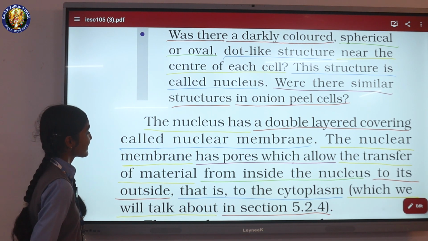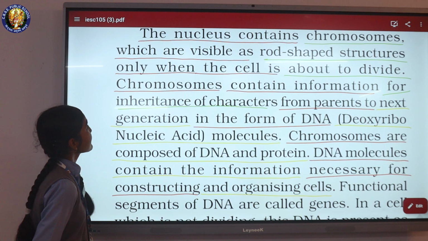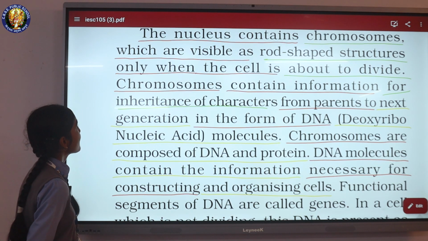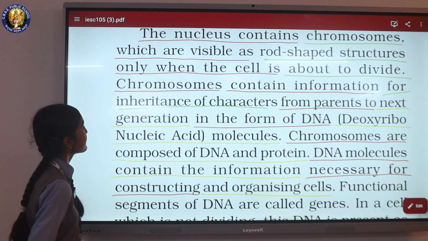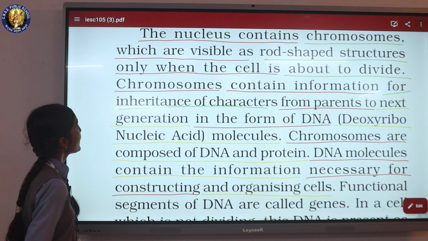The nucleus contains chromosomes, which are visible as rod-shaped structures only when the cell is about to divide.